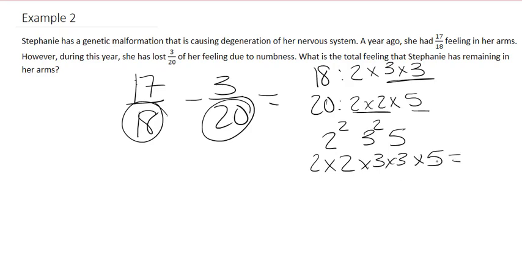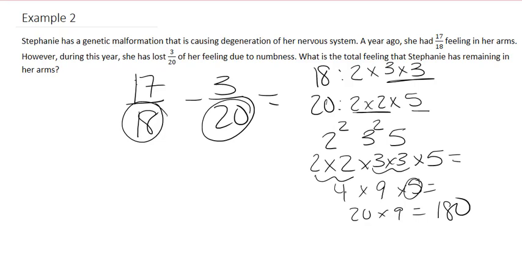This will get us to our common denominator. 2 times 2 is 4, 3 times 3 is 9, and then times 5. 4 times 5 is easier, 20. So now we have 20 times 9, which is equal to 180. So we have 180 as our new common denominator.